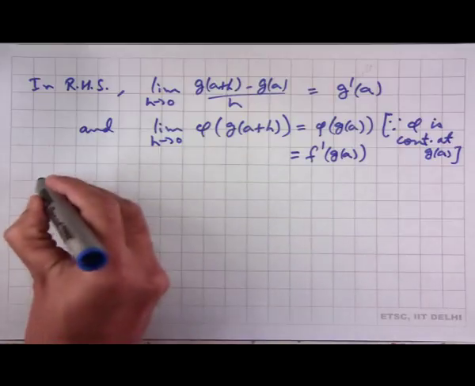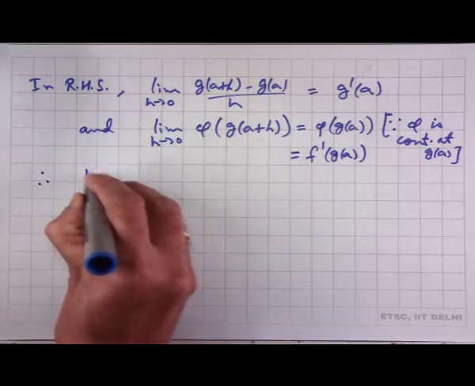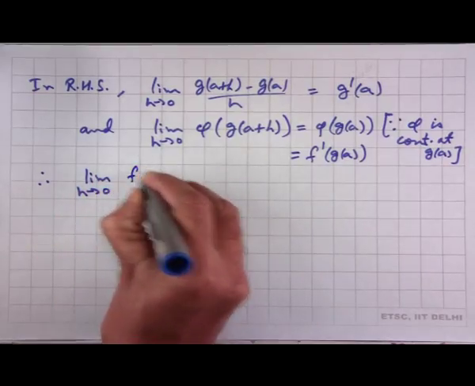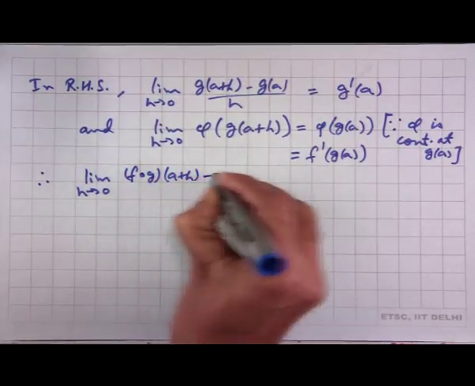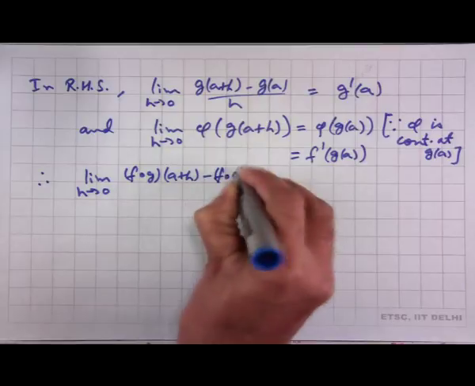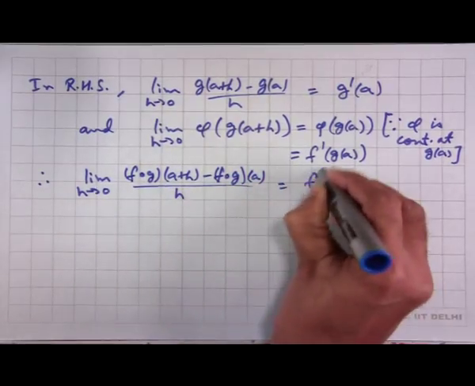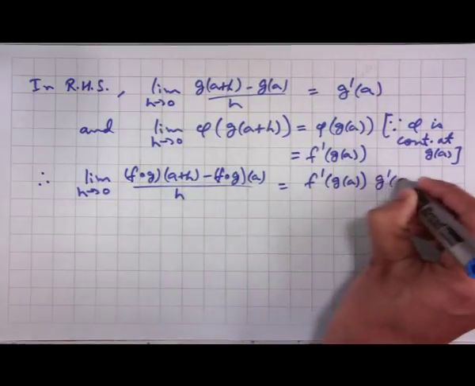So, therefore, the limit of h going to 0 of (f compose g of a plus h minus f compose g of a) divided by h is equal to f prime of g of a times g prime of a.